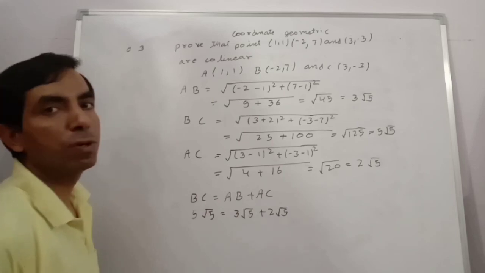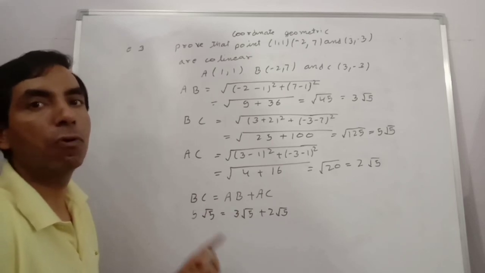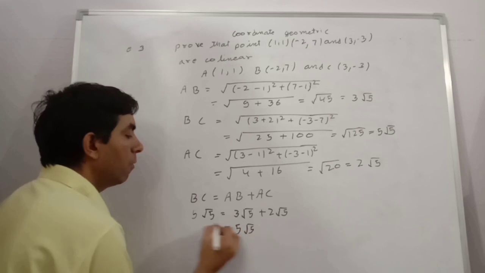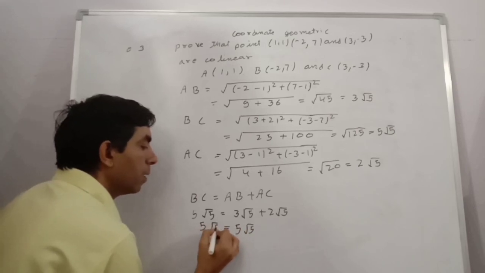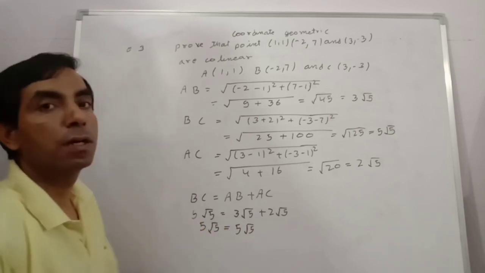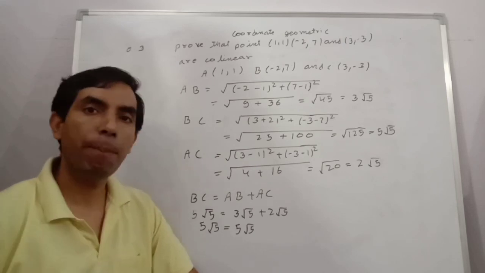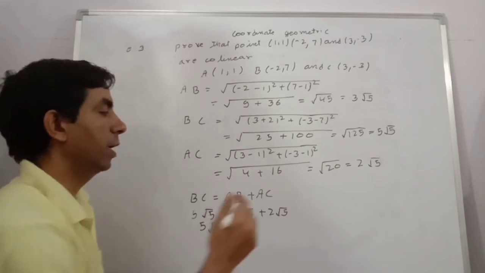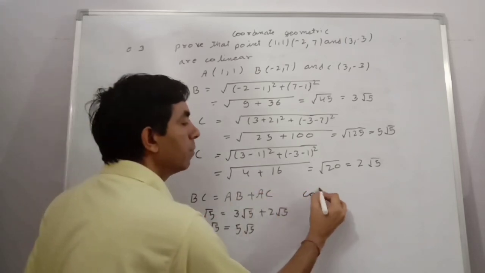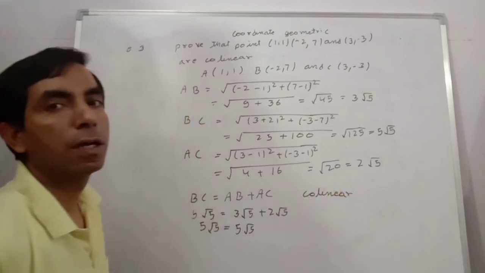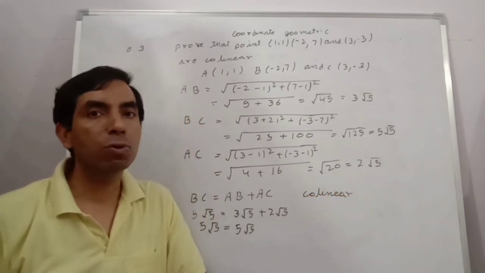We know that if the root numbers are the same, then we add the outer numbers. Then we get 5 root 5 equals 5 root 5. Here the sum of the distances of two parts equals the total. Then it is collinear. So by this method we can find that the 3 points are collinear.